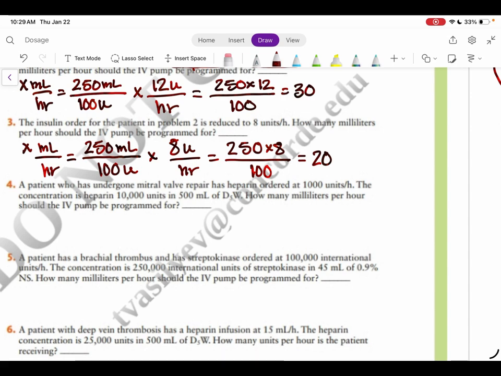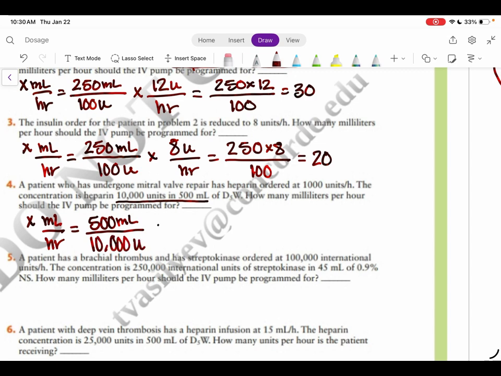All right, number 4, back to heparin. Again, we're looking for milliliters per hour. I'm just gonna set it up right now. Looks like in this case we have a bag that is 500 milliliters of volume. That is also 10,000 units. So I'm just gonna write that 500, and below it, 10,000 units.